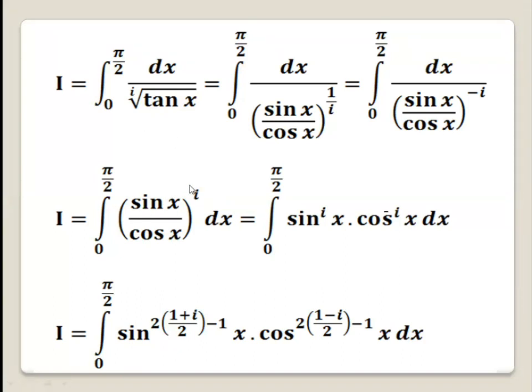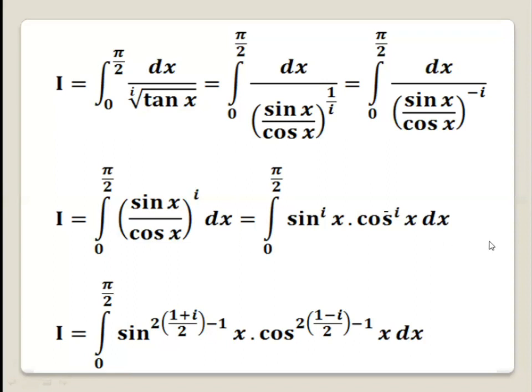Now we can distribute the power i over the numerator and the denominator to get sine power i of x over cosine power i of x. And 1 over cosine power i of x can be written as cosine power minus i of x. And so I becomes the integral from 0 to pi over 2 of sine power i of x multiplied by cosine power minus i of x.